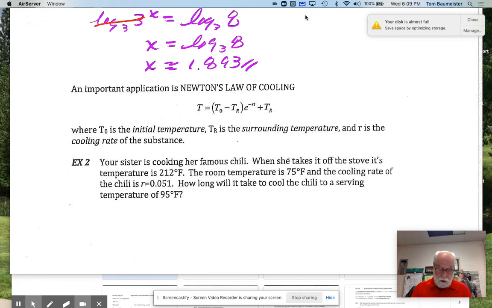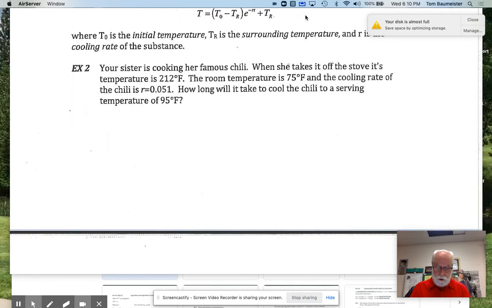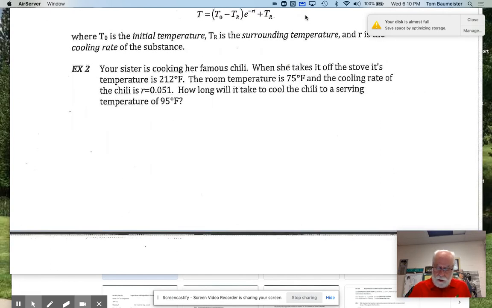So T sub 0 is the initial temperature, T sub r is the surrounding temperature, and r is the cooling rate of the substance. Okay? So example 2, and you'll have one like this on your homework, I know that for sure. Your sister is cooking her famous chili. When she takes it off the stove, its temperature is 212 degrees.